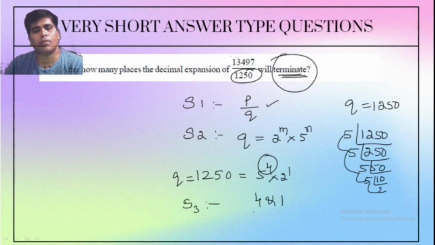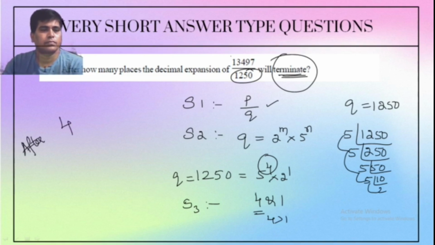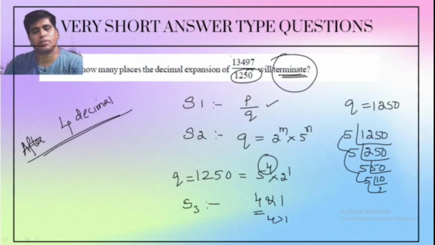Which is the greater power? 4 is greater than 1. So after 4 decimal places it definitely terminates. So what is your answer? After 4 decimals it terminates.